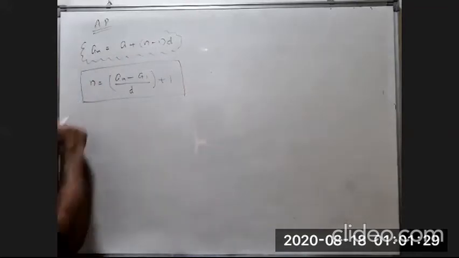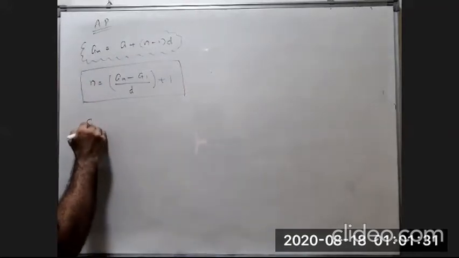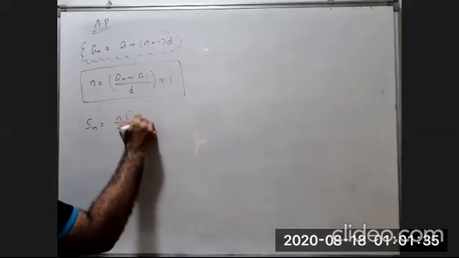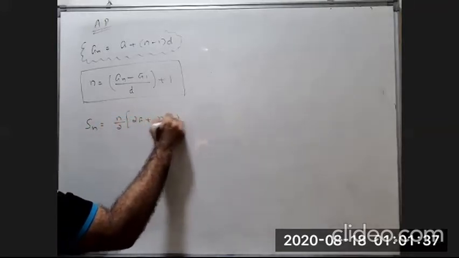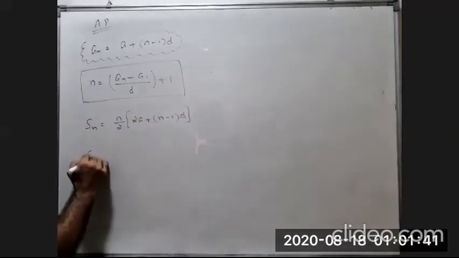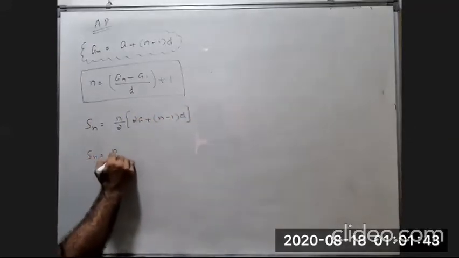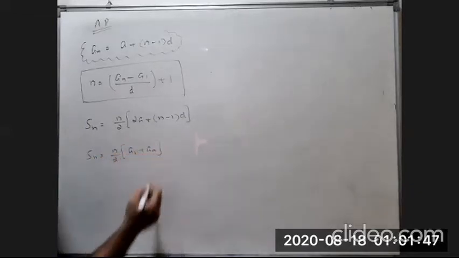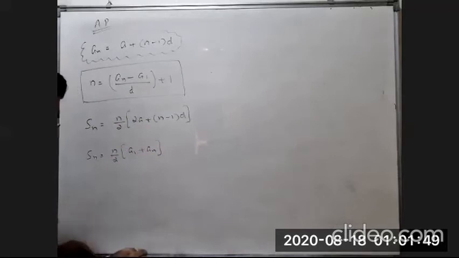This is better. Then the formula for Sn you learned last year: n by 2 into 2a plus n minus 1 into d. Also, we can use n by 2 into a1 plus an.